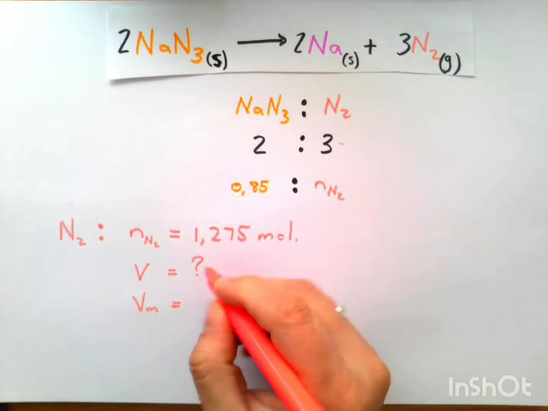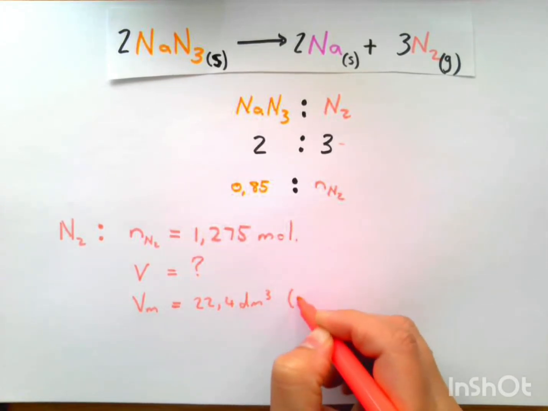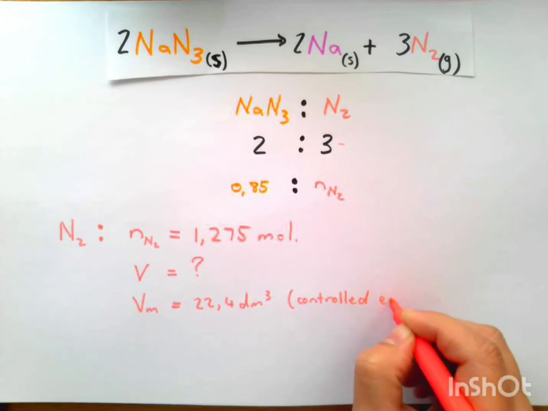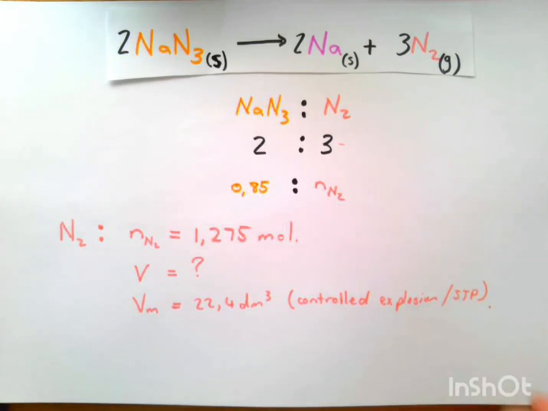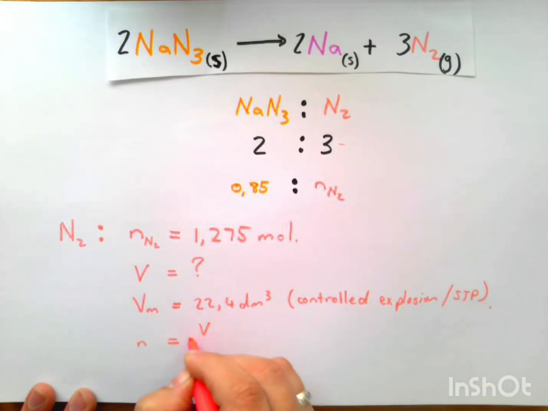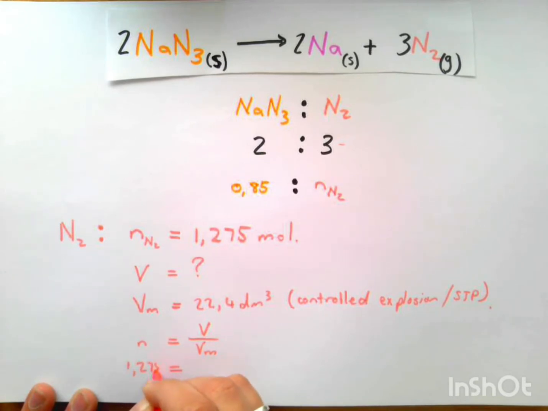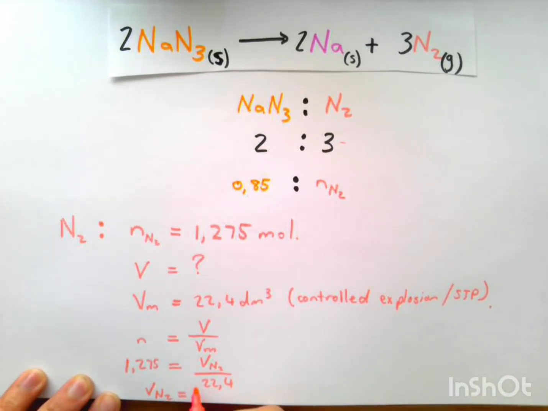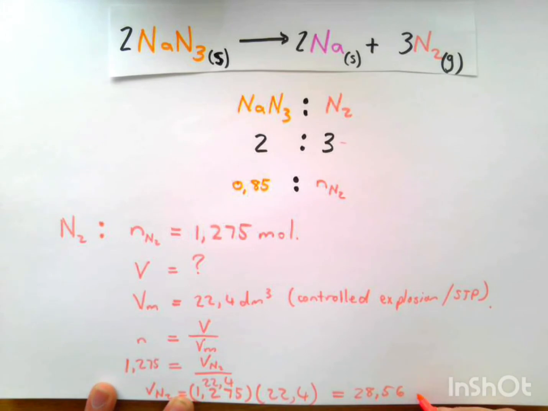We want to find the volume of the nitrogen gas, so we use our STP formula. We substitute our values into it. Change our subject. And then that gives us a volume of 28,56 cubic decimeters. Now do exercise 8-8.